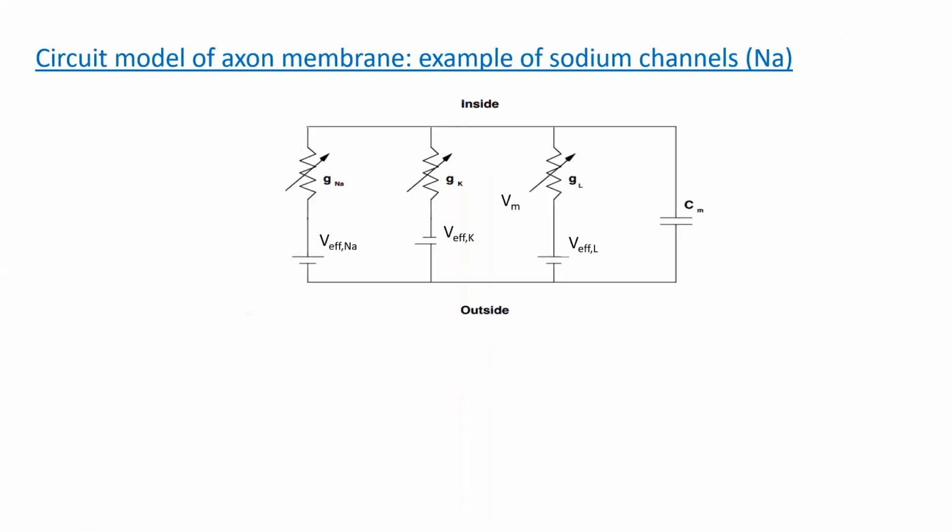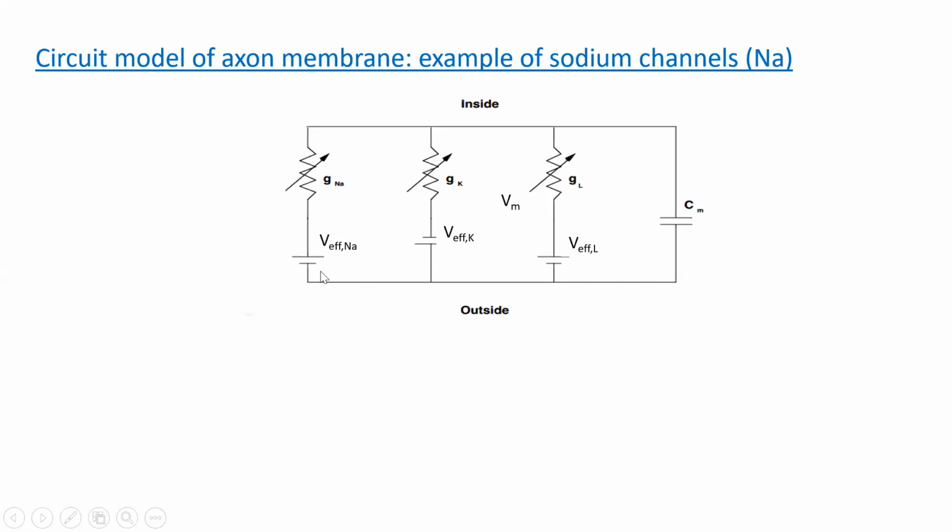All right, next we'll look at a circuit model of the axon membrane, and we'll concentrate first on the sodium channels. So we model the membrane as a capacitor with charge separated on one side and the other, negative charge on the inside and positive charge on the outside typically.